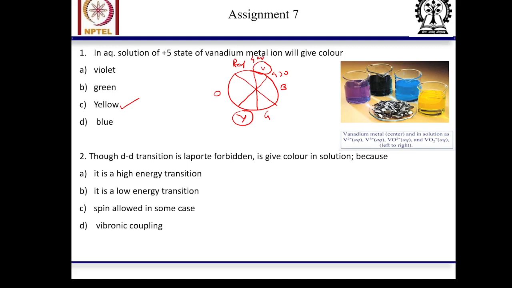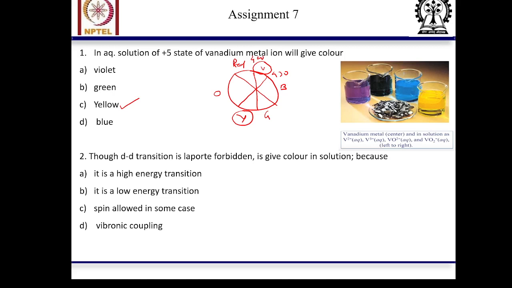Second question: the d-d transition is Laporte forbidden, yet it gives color in solution because of what? Can you write in the chat box what will be the answer? I will wait for a few seconds.